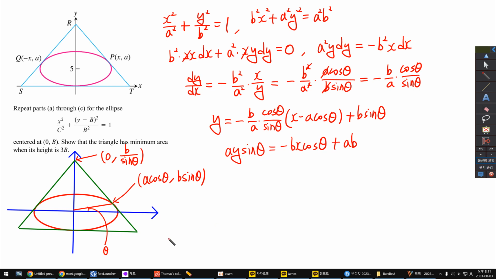Yep. And for this other point, the y coordinate is minus b. So when y is minus b, we can cancel b.